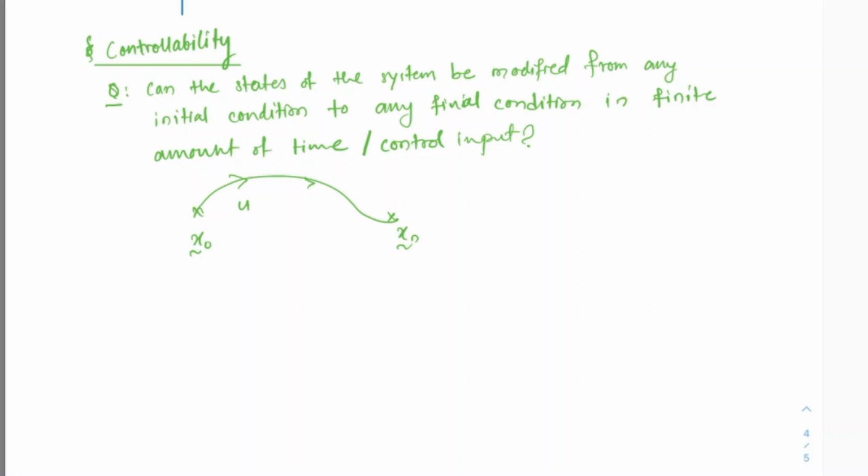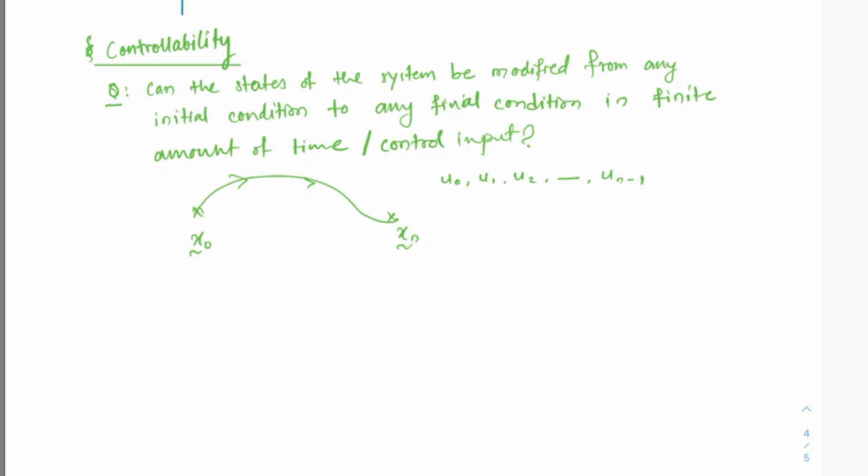You find a series of control inputs, say u0, u1, u2, and so on, up to un minus 1, so that you reach the final desired state xn. So this is the question we ask with controllability.